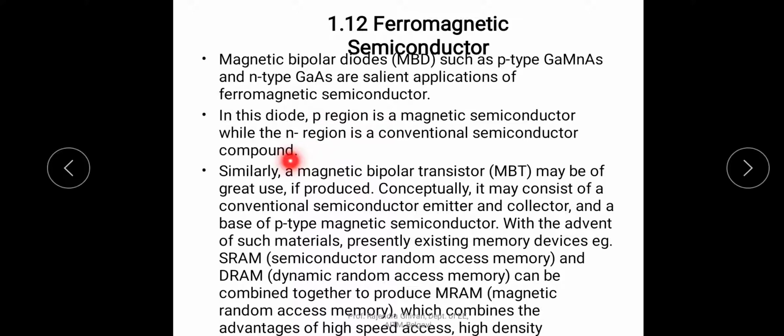So here the P type and the N type are the salient application of ferromagnetic semiconductors. Similarly, when we look at the magnetic bipolar transistor, which is of great use, it consists of a conventional semiconductor emitter and collector, and a base of p-type magnetic semiconductor.